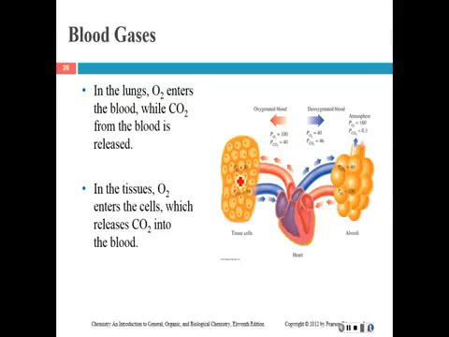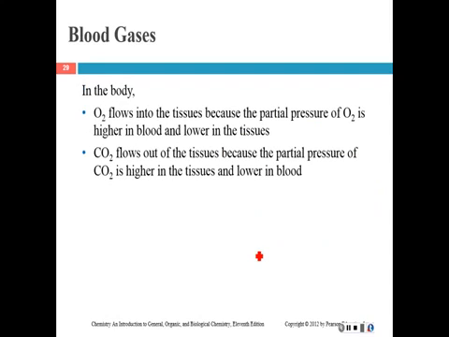The PO2 is less than 30 in the tissues, and 100 in the alveoli. Your oxygenated blood is going to the tissues, and the reason the oxygen enters the tissues is because of the pressure difference. Oxygen flows into the tissues because the partial pressure of O2 is higher in the blood and lower in the tissues, and gases flow from high to low pressure. CO2 flows out of the tissues, again because of partial pressure differences.